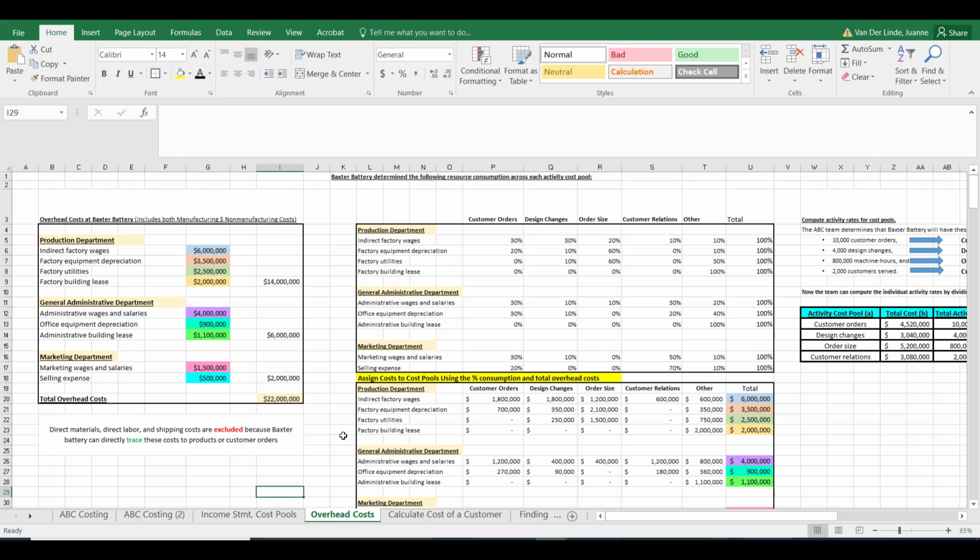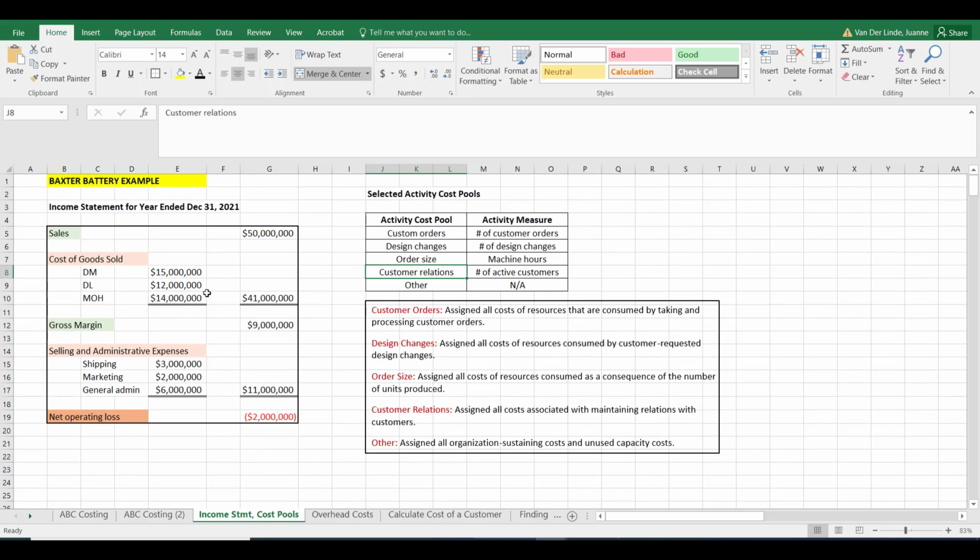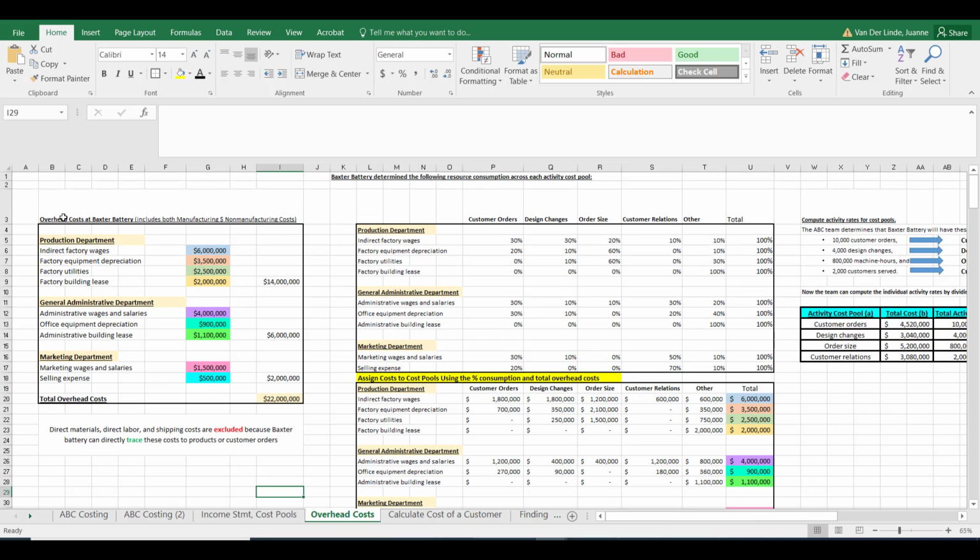Okay, so this is probably the most complicated looking sheet, but it isn't really. There's just a lot of numbers on this page. So take a look here at this income statement. So this income statement has direct materials, direct labor, manufacturing overhead, and all those SAG expenses. So what this table over here does, it just gives a breakdown of all the overhead costs at Baxter Battery, including manufacturing and non-manufacturing costs.